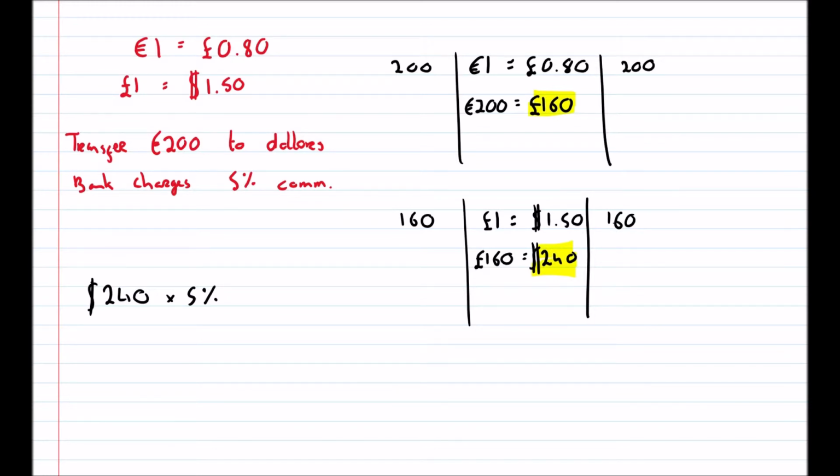It's $12. So the bank is going to keep this much, so I'm going to get back, minus one from the other, $228. Okay, so that's what I'm going to get. If I have 200 euros, I will get $228.